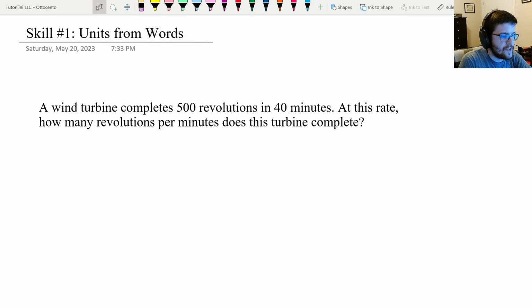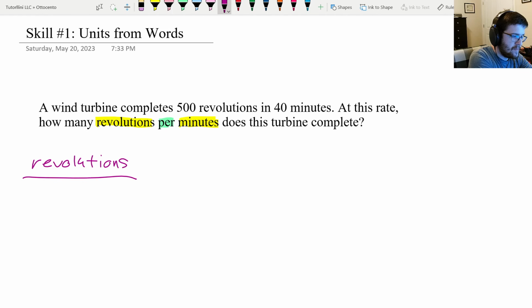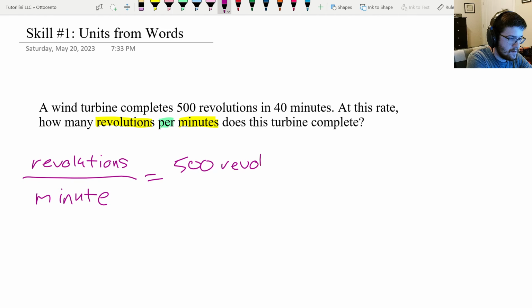Okay, so for this guy, it says we want to find the rate in revolutions per minute. So we're going to do revolutions divided by minute. So they tell us 500 revolutions.